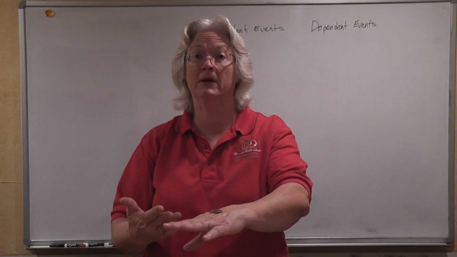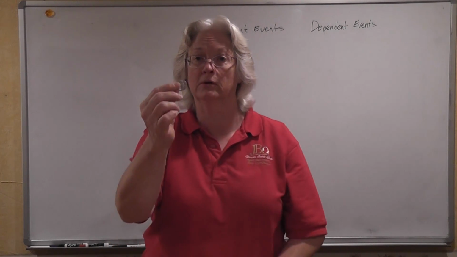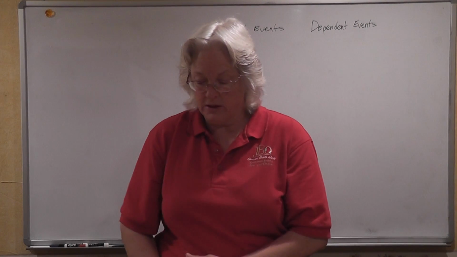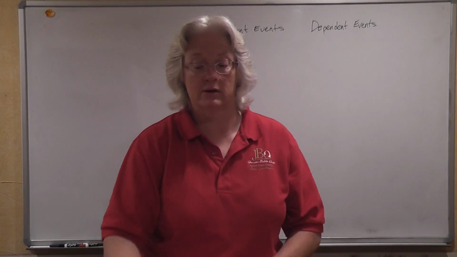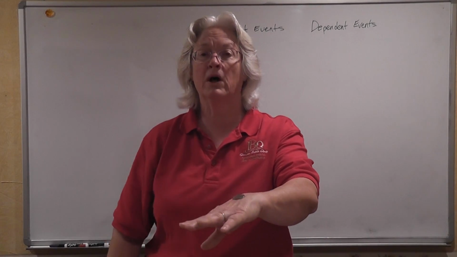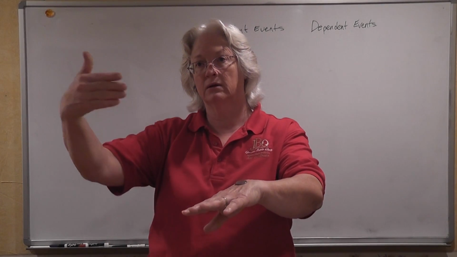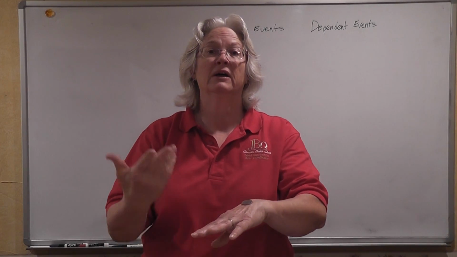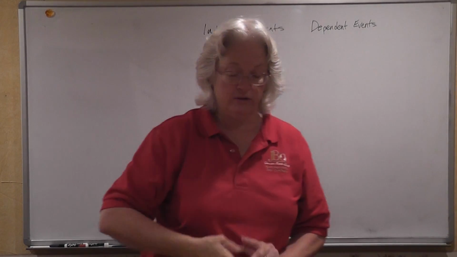Well, that probability, or the likelihood, is 1 out of 2. Because one side of this coin is heads, the other side is not. So every time I flip this coin, there's a 1 in 2 probability that I'm going to get either heads. You know, if I want heads, it's 1 in 2. If I want tails, it's 1 in 2.